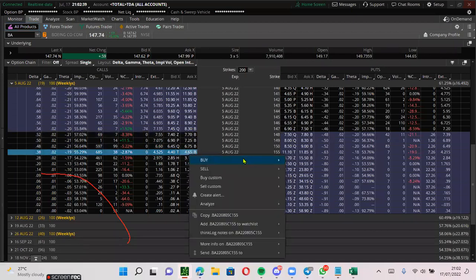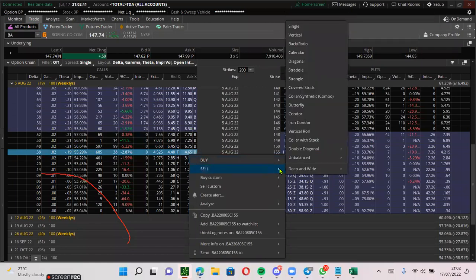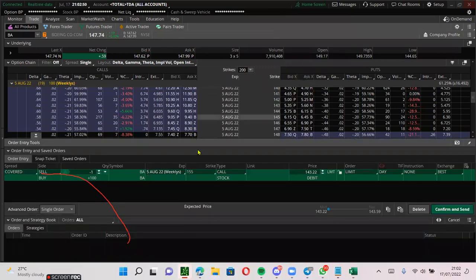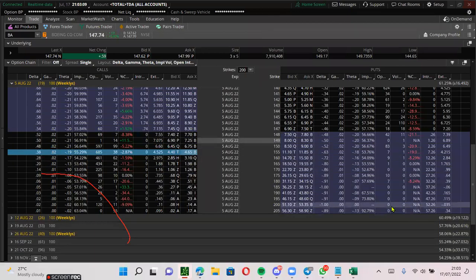Okay. If you see here, there is a covered call. Right here, I am buying 100 shares of Boeing and selling a $150 call. This is 5th August, right?